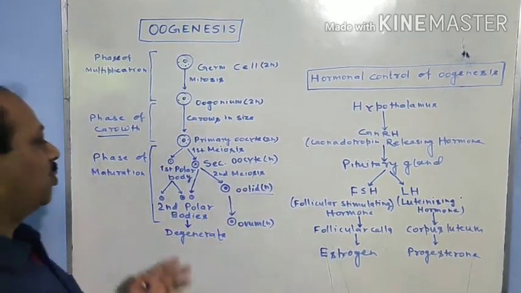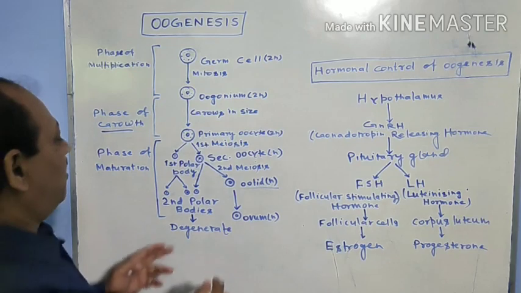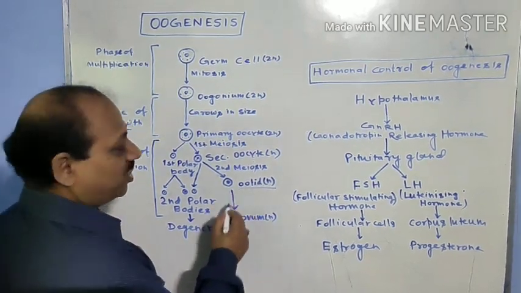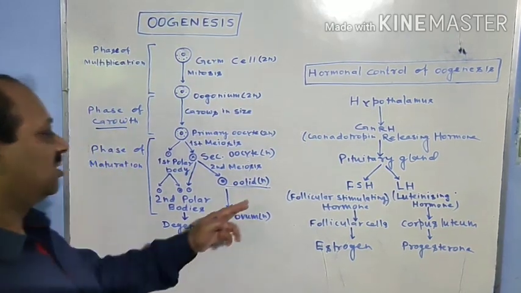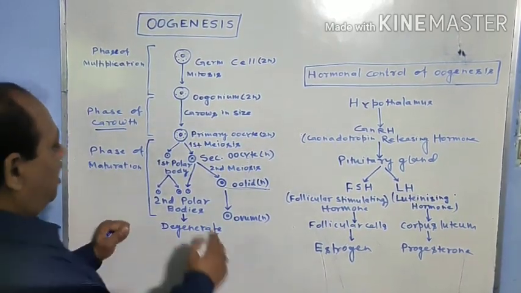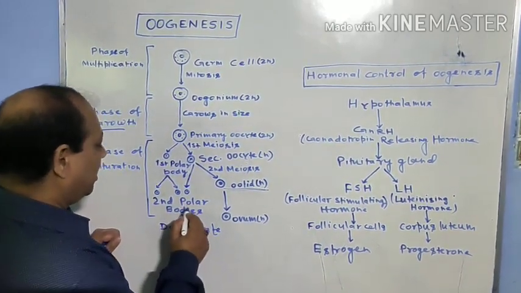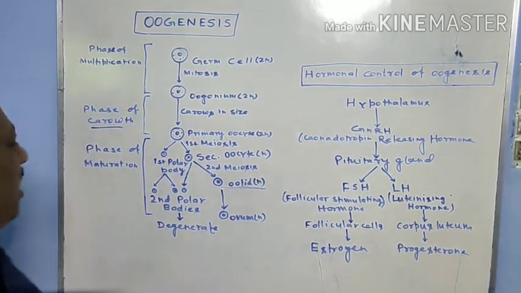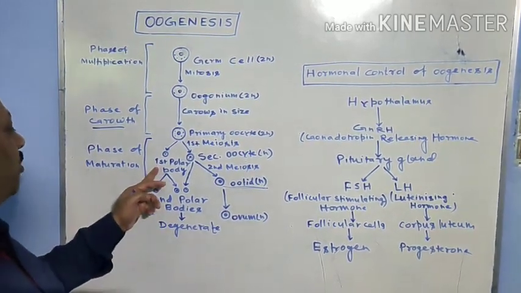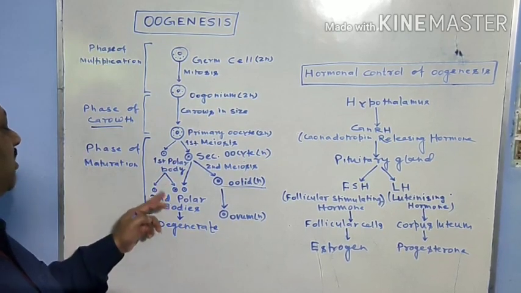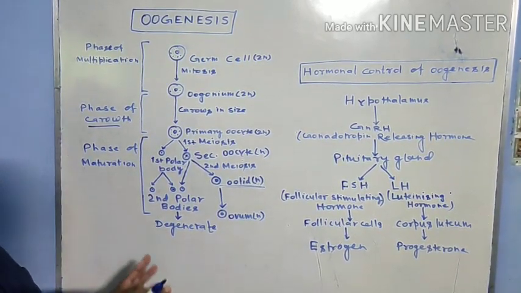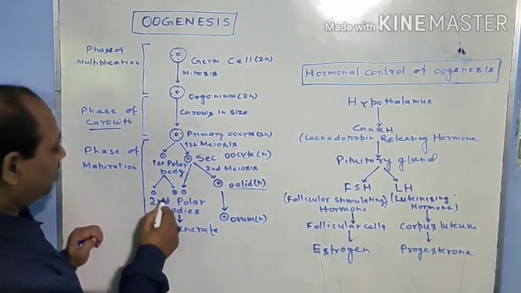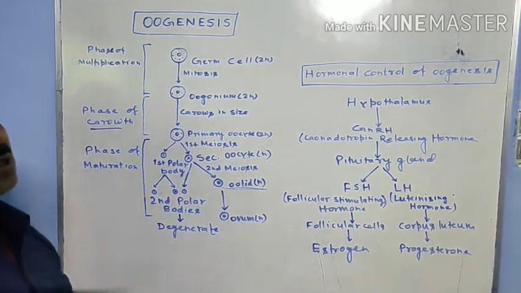Secondary oocyte undergoes second meiotic division and forms two unequal cells. The larger cell is known as oocyte. It is a haploid cell. And the smaller cell is known as second polar body. The first polar body also divides to form two smaller cells known as second polar bodies.